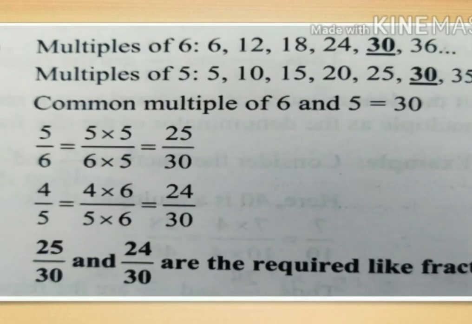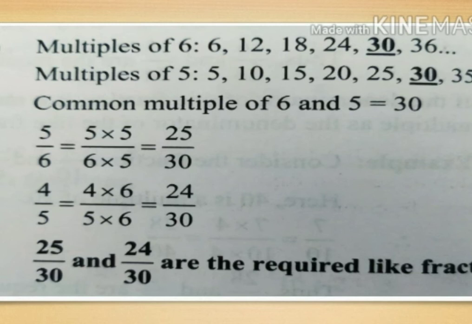Question number 6. 5 upon 6 and 4 upon 5. Multiples of 6 are 6, 12, 18, 24, 30, 36 and so on. Multiples of 5 are 5, 10, 15, 20, 25, 30, 35 and so on. Common multiple of 6 and 5 is 30. Now take 30 to make denominators equal.